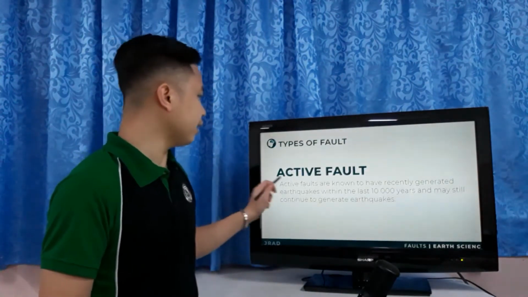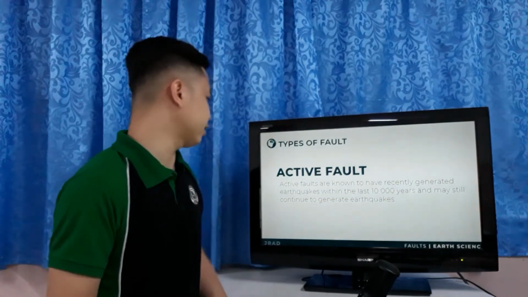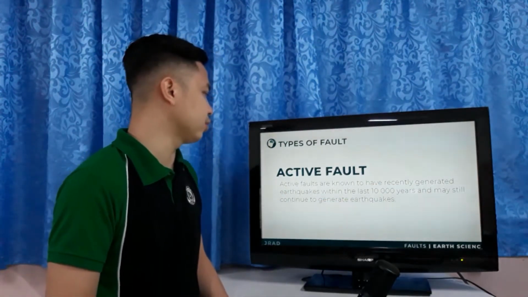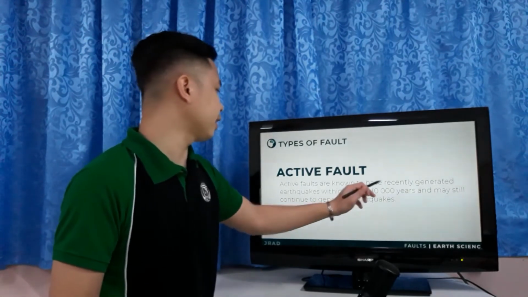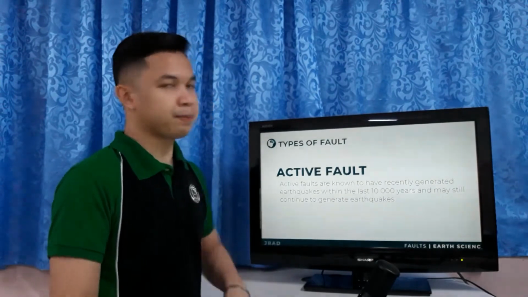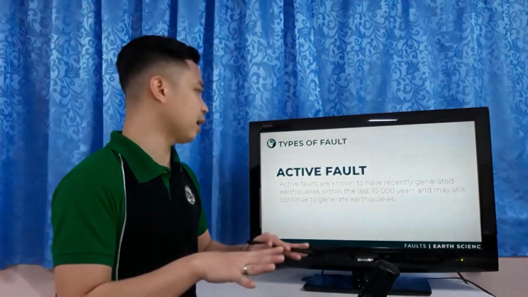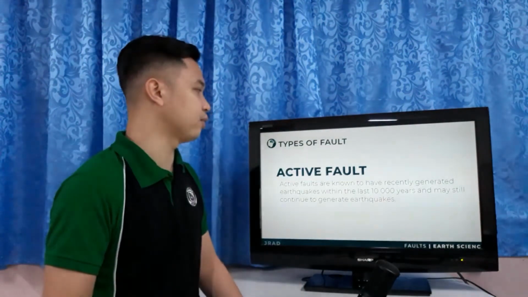Okay, so the active faults are known to have recently generated earthquakes within the last 10 years and may still continue to generate earthquakes. Recently generated earthquakes. For the past 10 years, kapag yung fault ay nagkakaroon ng earthquake, then considered active fault yun.